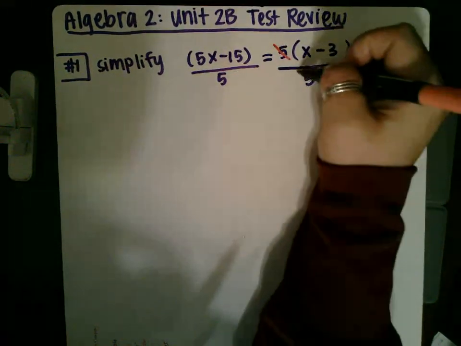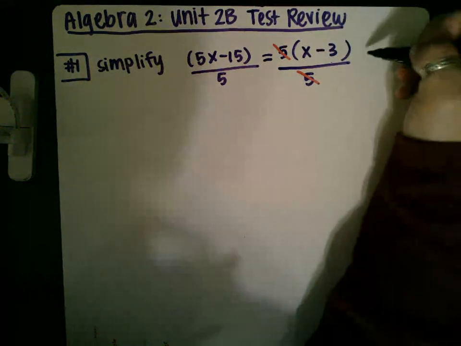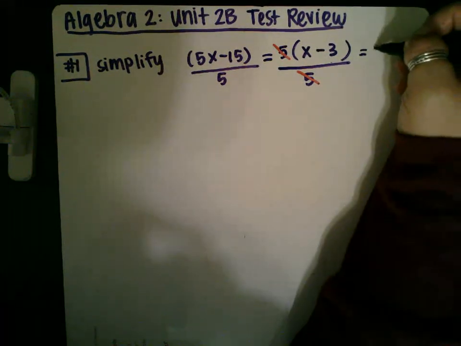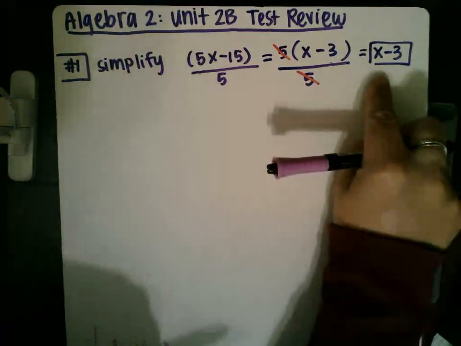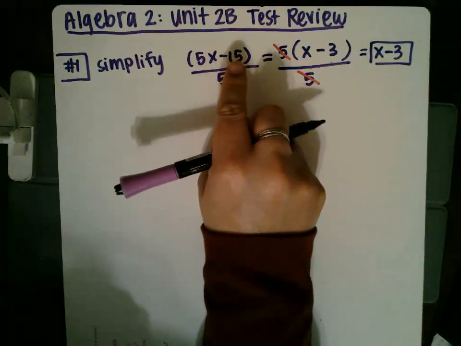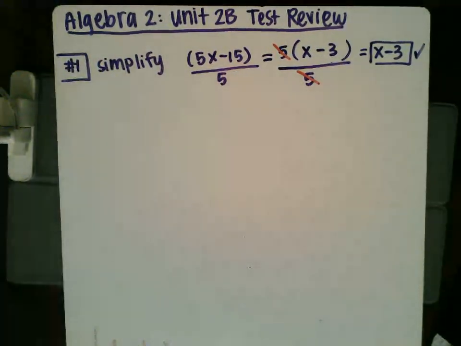In this case, it's the number 5. So those cancel, leaving our final expression as x minus 3. And that is much simpler than 5x minus 15 over 5, so I know I have simplified fully.